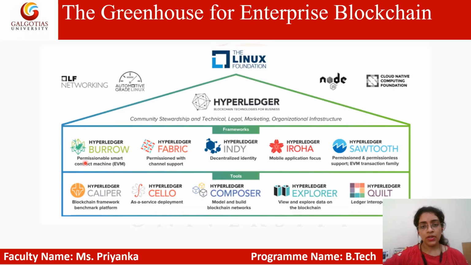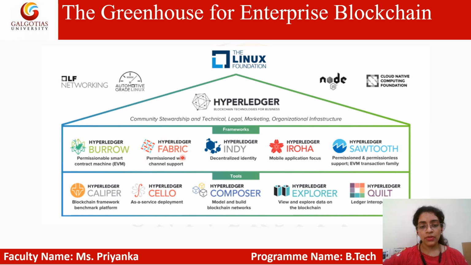Now this is the Hyperledger greenhouse, in which Hyperledger has different frameworks and tools. Hyperledger frameworks include Hyperledger Burrow, a permissionable smart contract machine, which is an EVM, as we have seen in Ethereum as well. So here also we have an EVM where you can test and try.